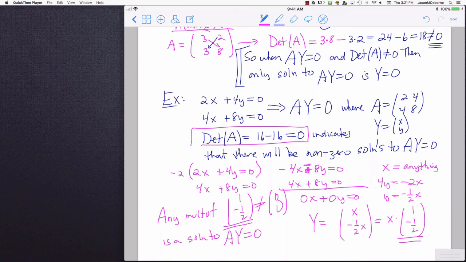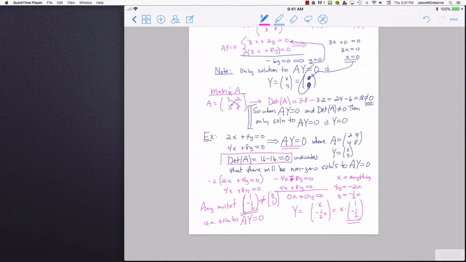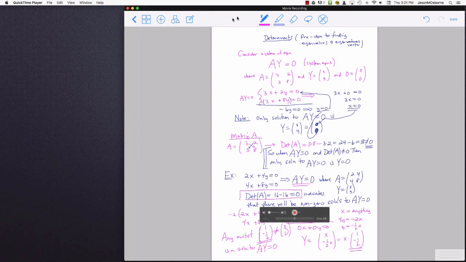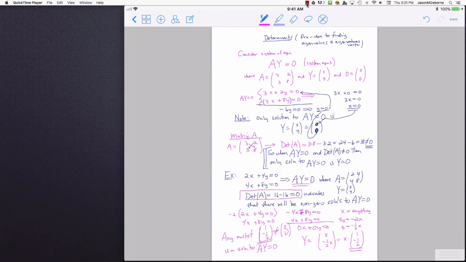So if the determinant comes out to be 0, you can expect to have non-zero solutions to AY equal to 0. That's a precursor to the concept of the determinant and how it's going to eventually be used to find the eigenvalues and eigenvectors of a matrix.